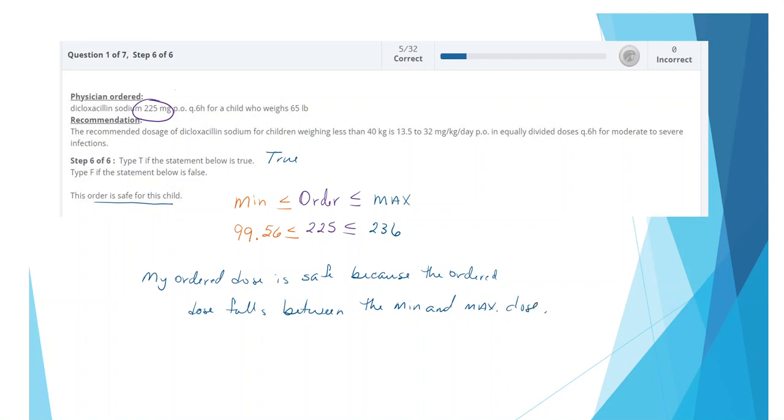I always ask for a reason. Hawks is not going to ask for a reason, so all you have to do is type in the T for true. But just to make sure you understand, the reason the ordered dose is safe is because the ordered dose falls between the minimum and the maximum dose.